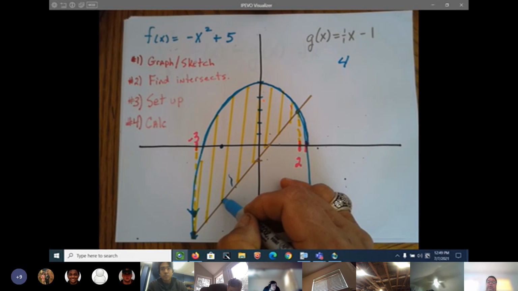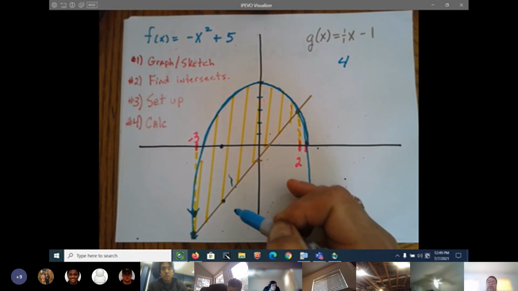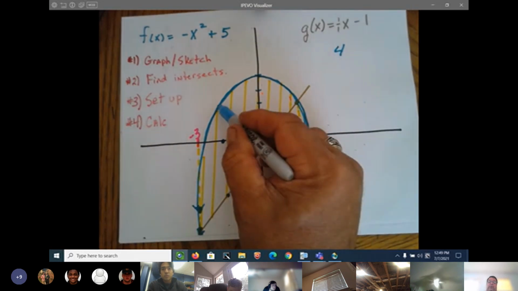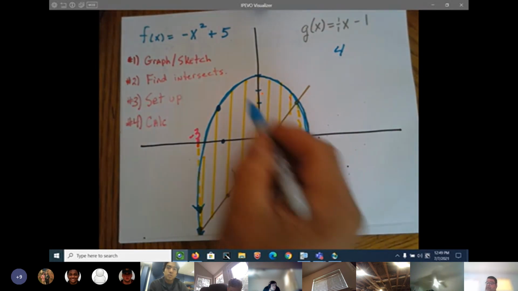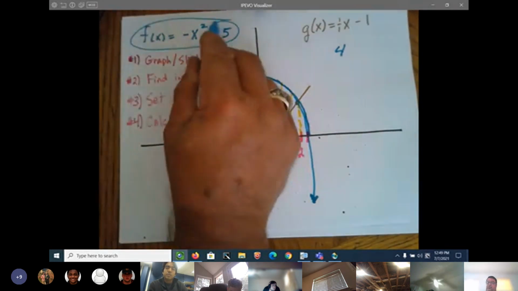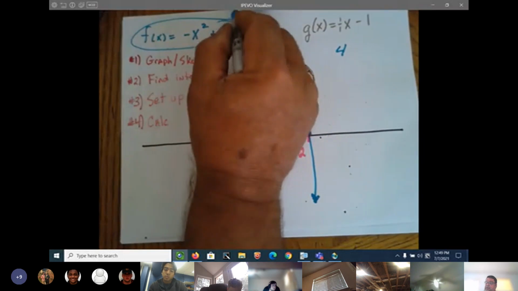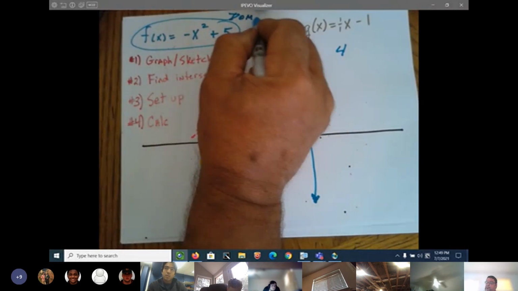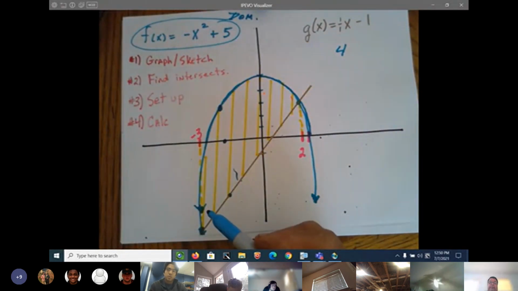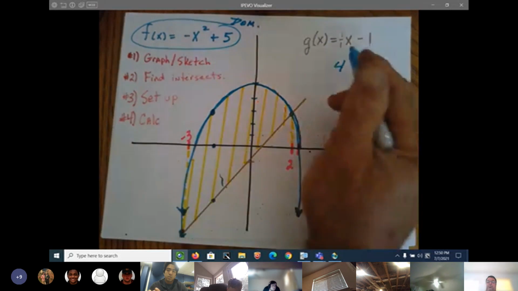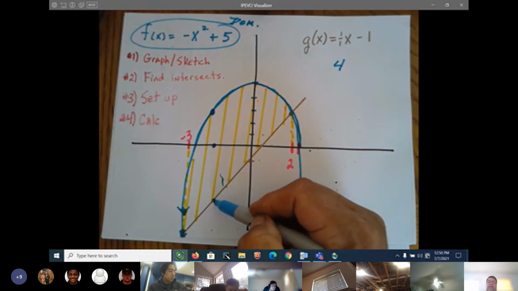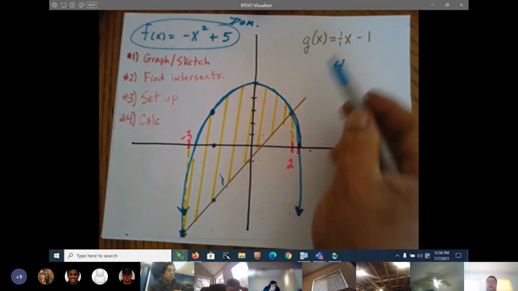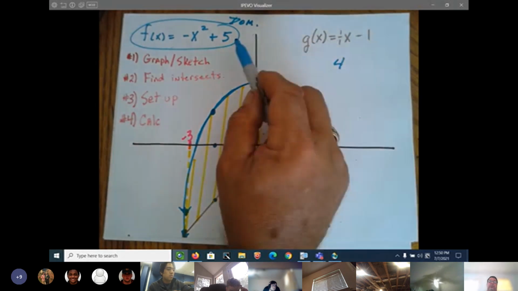Your y value for the brown line is down there. Your y value for the blue line is right there. So for the area that you're trying to find, this is your dominant. And this one, of course, is your weaker, because it doesn't give you as high values. So you're going to subtract this one from this one.